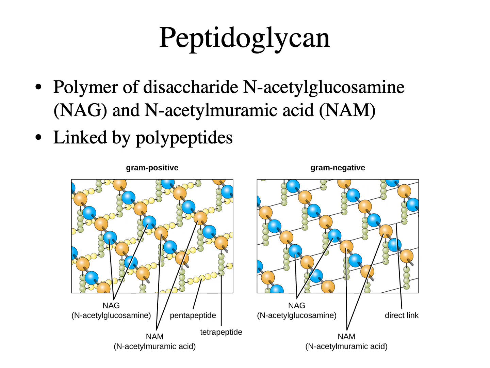So peptidoglycan is made of NAG and NAM, N-acetylglucosamine and N-acetylmuramic acid, so NAG and NAM. These NAG and NAMs are linked together by polypeptides. They form like this webbing layer, like this bridge.